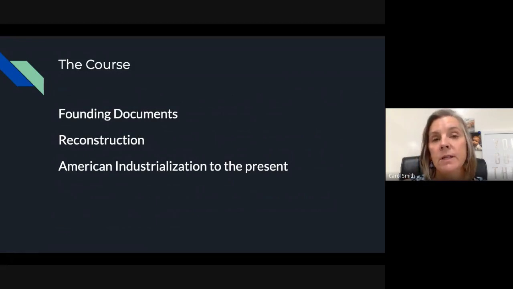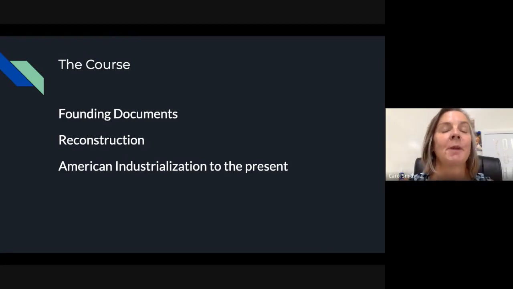Then we'll jump to Reconstruction, and we make that leap because during 5th and 8th grade, your students, according to California standards, have learned all of the colonies. They've learned about the Revolutionary War, the War of 1812. They've learned about slavery, Manifest Destiny, the Civil War, and Reconstruction. So I'm hoping they remember all that. If not, I should make references enough that they can figure out what we're doing.